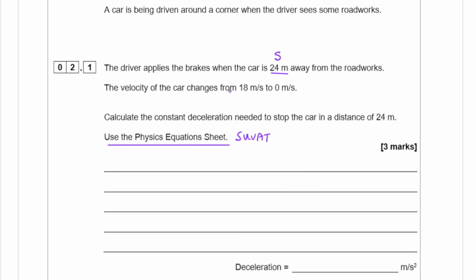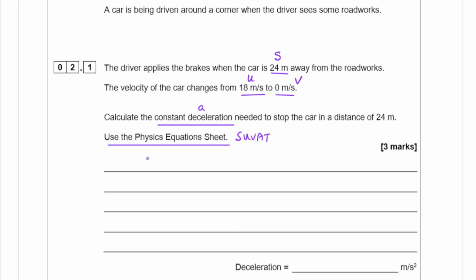The velocity of the car changes from 18 meters per second to 0 meters per second. So initial velocity is U, which is 18. Final velocity is V, which is 0. Calculate the constant deceleration, which is A, needed to stop the car in a distance of 24 meters.